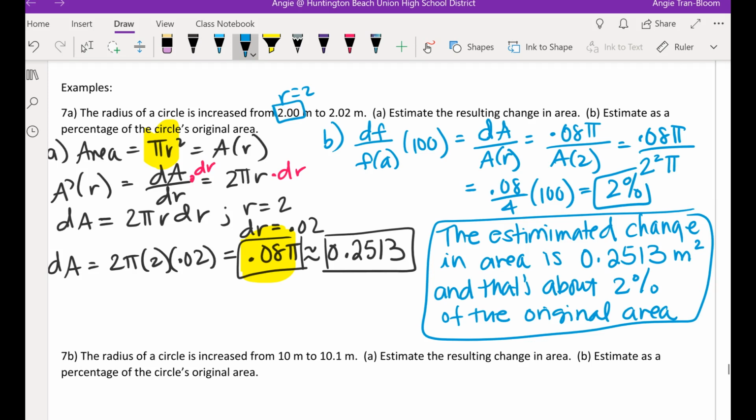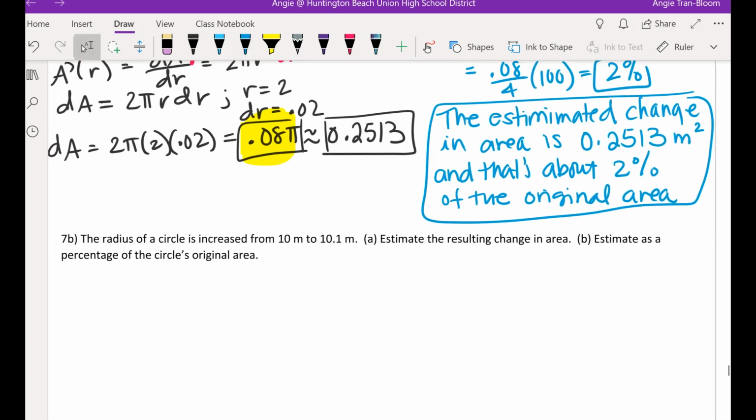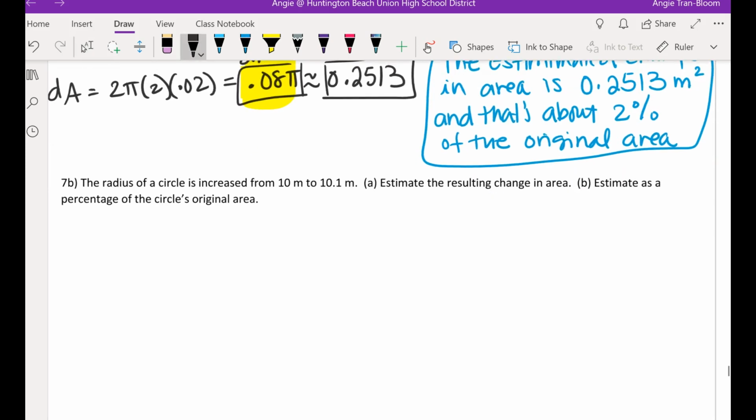Okay, let's do 7b. The radius of a circle is increased from 10 to 10.1 meters. Same thing, estimate the resulting change in area. If you went from 10 to an increase of 0.1 meter, what would be the area? And then tell me the percentage as well. Same thing, we're going to work it out the same way. Area equals pi r squared, which I want to write in terms of r, so I have a better understanding of what dA over dr means.